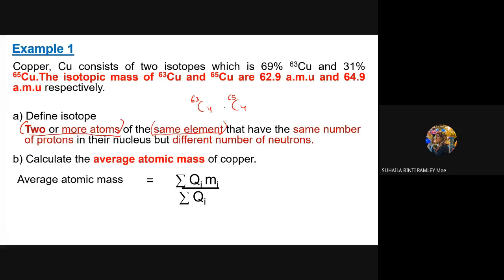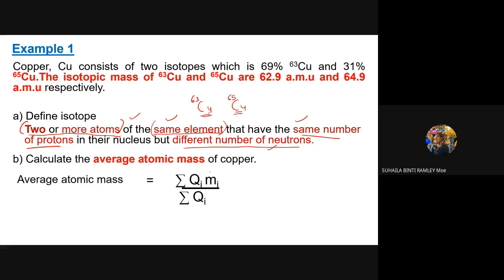The same element means the same number of protons and a different number of neutrons. So we have 4 keywords for the definition of isotope. If you miss any one keyword, you don't get any mark for the definition. So remember these 4 keywords in defining the isotope.